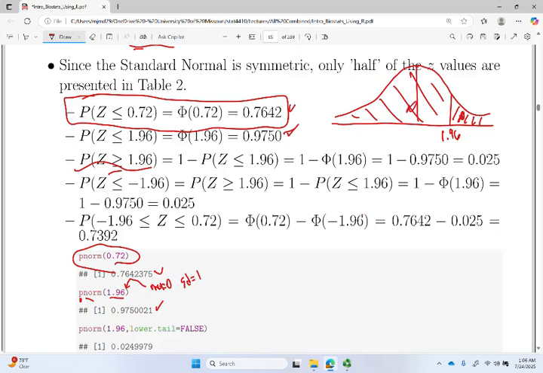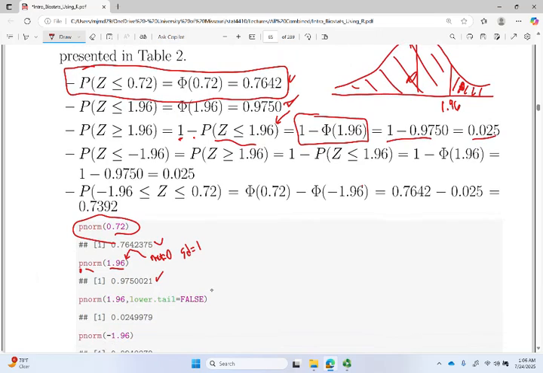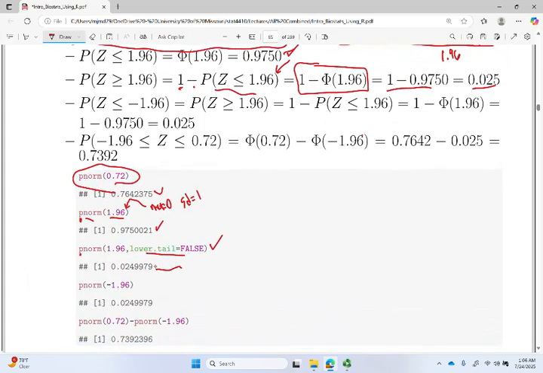So if we want to find the probability of being greater than or equal to 1.96, that's the same as 1 minus the probability of being less than it. And these are the types of values, CDF values, that we can look up in a table. So we already looked it up, and that's 0.025. But to do it in R, we use the CDF, but we say lower tail false, which means accumulate this way, and that's our answer, 0.025.